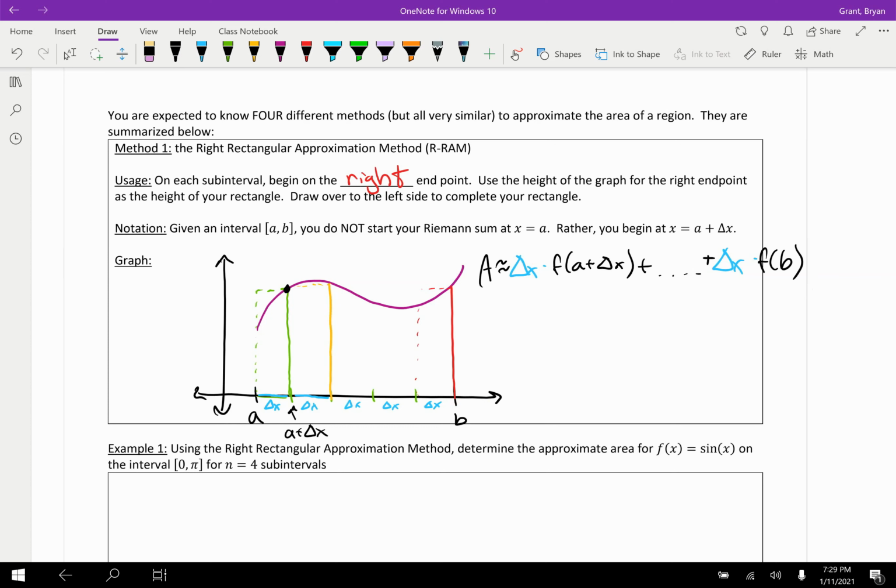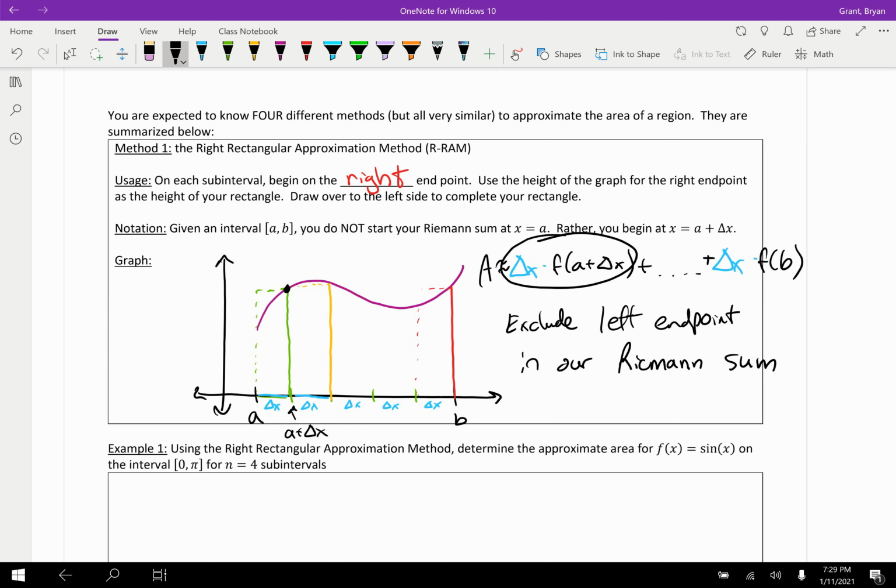I am going to write that too. So we exclude the left endpoint in our Riemann sum. Now, it's important to realize that when you are finding a Riemann sum, and this is a very common question on the free response, I almost guarantee one part will ask you to approximate an area using a Riemann sum, you are required to show both a product, something times something, and a sum.